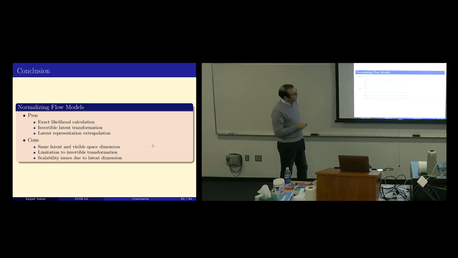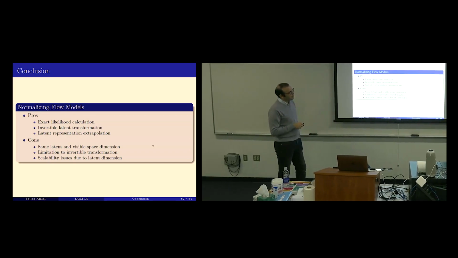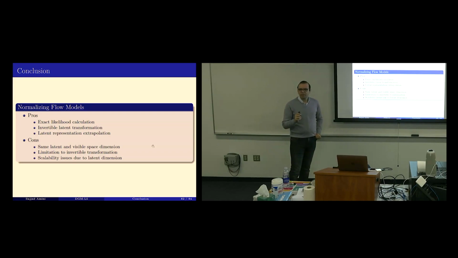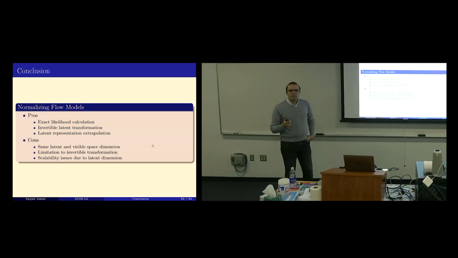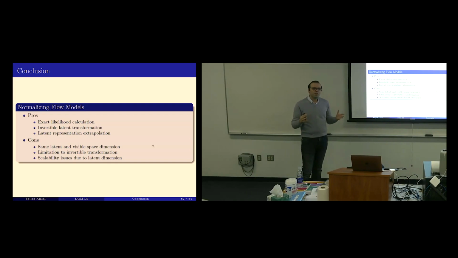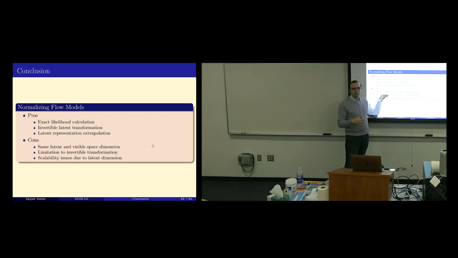And the cons is that the latent is the same dimension as your observed data. It is sometimes limiting because generally the observed data is high dimensional. The limitation to invertible transformations makes lots of different neural networks useless for use in flow models.